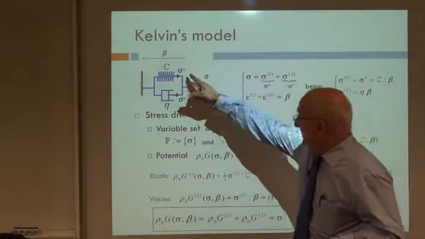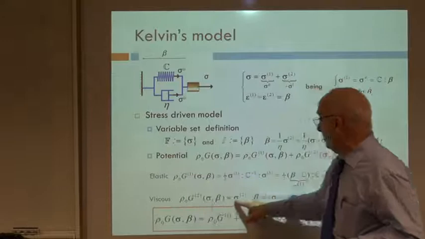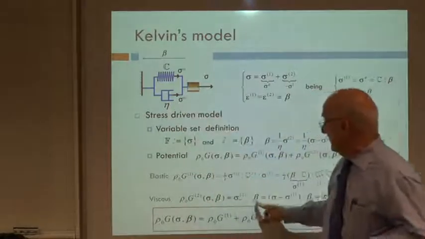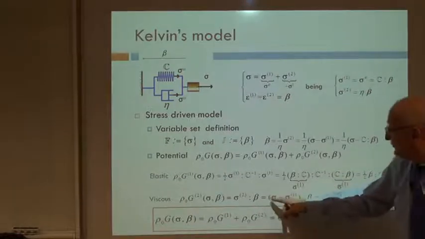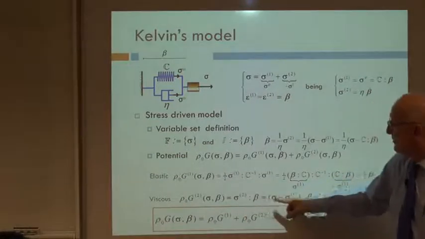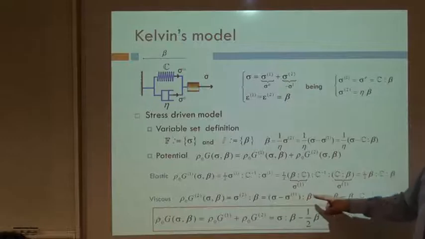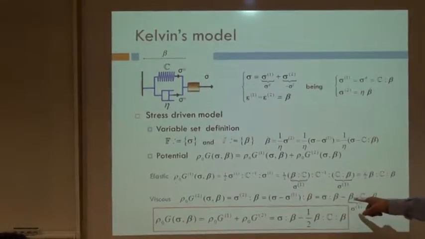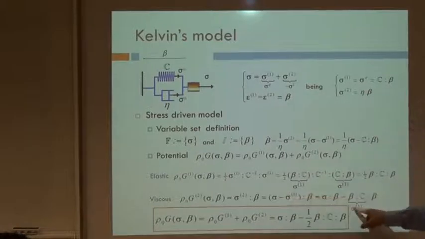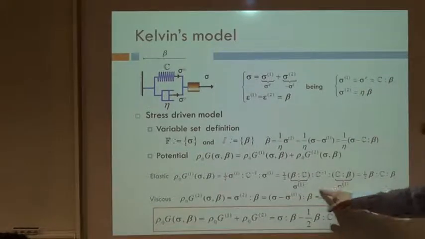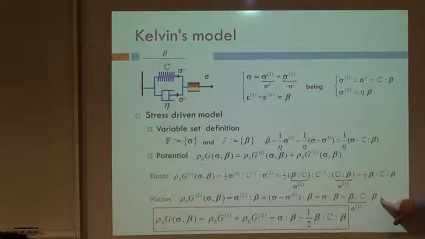What is the Gibbs potential of the dashpot? We know it is the stress times the beta. We have seen that a couple of times. So sigma 2 is sigma minus sigma 1, and sigma 1 is C beta, so this is sigma beta minus beta C beta, so finally it's that expression here.